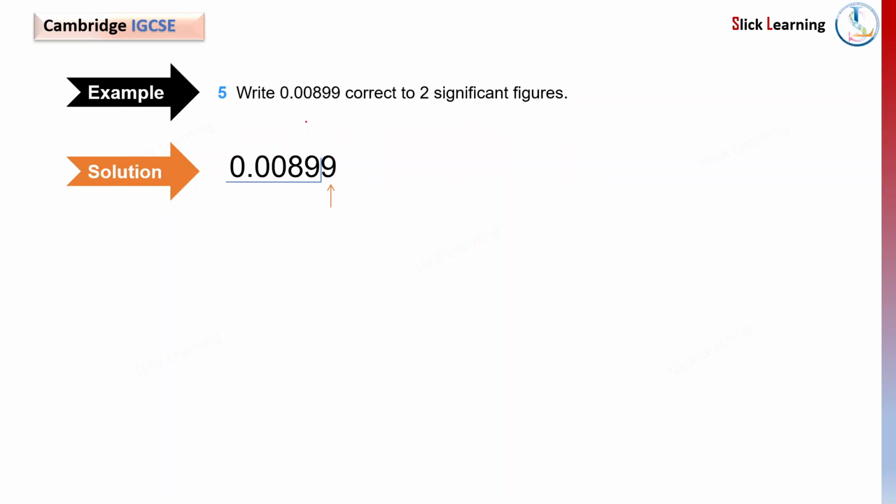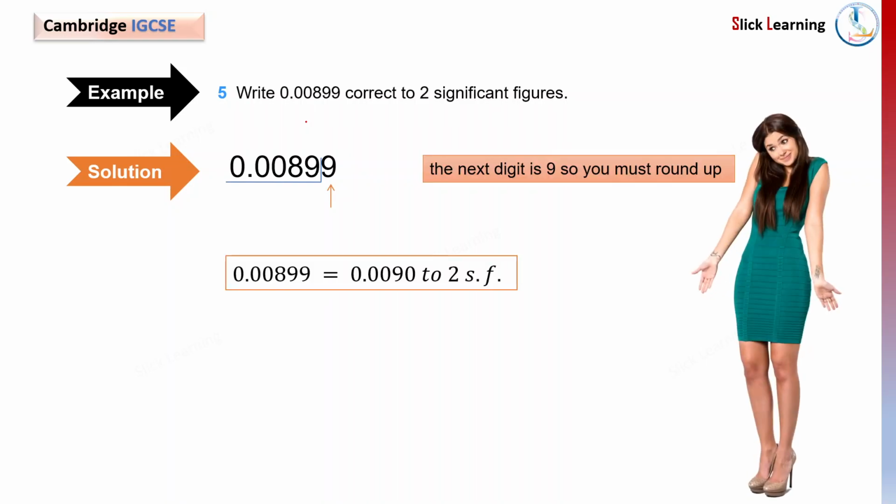That's going to be 0.090. Again, you have to keep in mind that zeros after a non-zero number are significant. So this one has 2 significant figures.